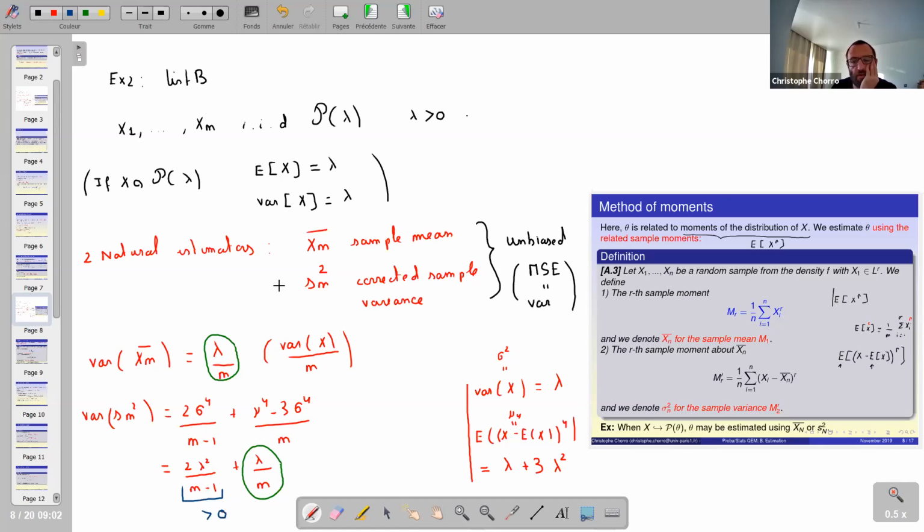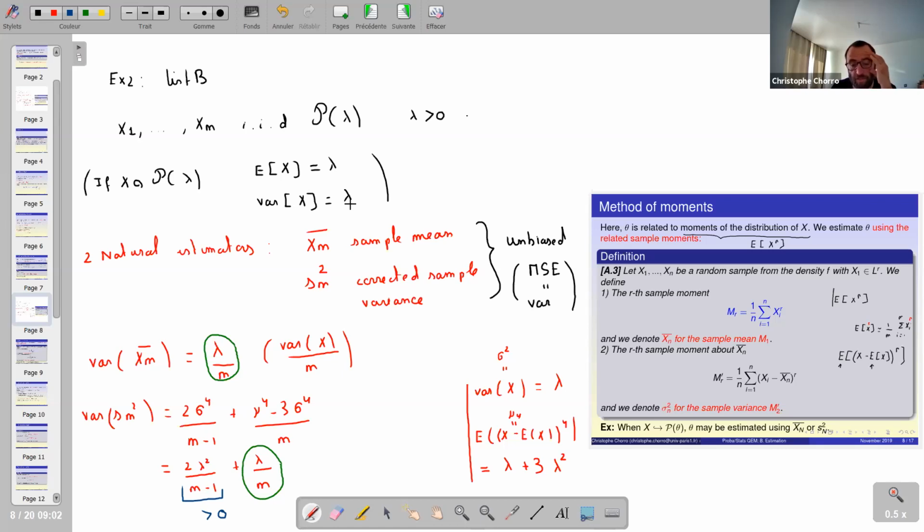This means that if I want to approximate the lambda parameter of a Poisson distribution, I have two natural estimators, the sample mean and the corrected sample variance, both of them unbiased.